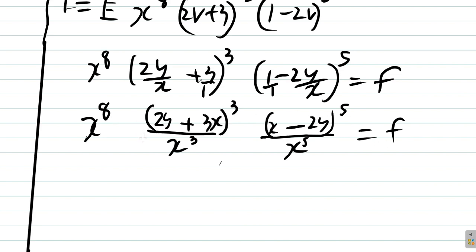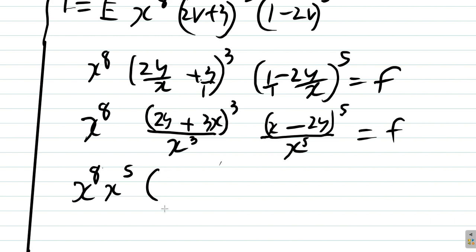But guess what now? How would it go? X to the 8th. Suppose we multiply everything by x to the 5th. Right? This would be x to the 8th, x to the 5th.